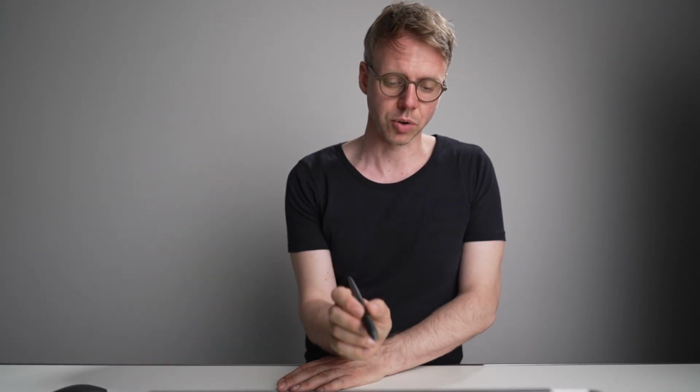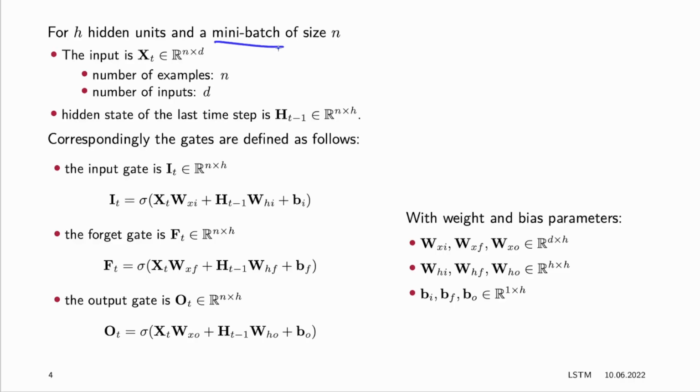Let's look at the computations for mini batch gradient descent. We have a mini batch of size little n, thus the inputs are a matrix of size n times d, the number of inputs. For the hidden state at h t minus 1, we have n samples.